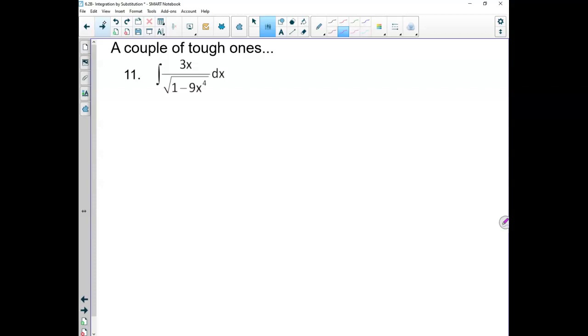Notice, again, if I let u equal my whole inside function here, and I took the derivative of that, du is going to equal negative 36x cubed. And what am I focusing on? I'm focusing on the x cubed. Is that x cubed, is this derivative living anywhere in here?